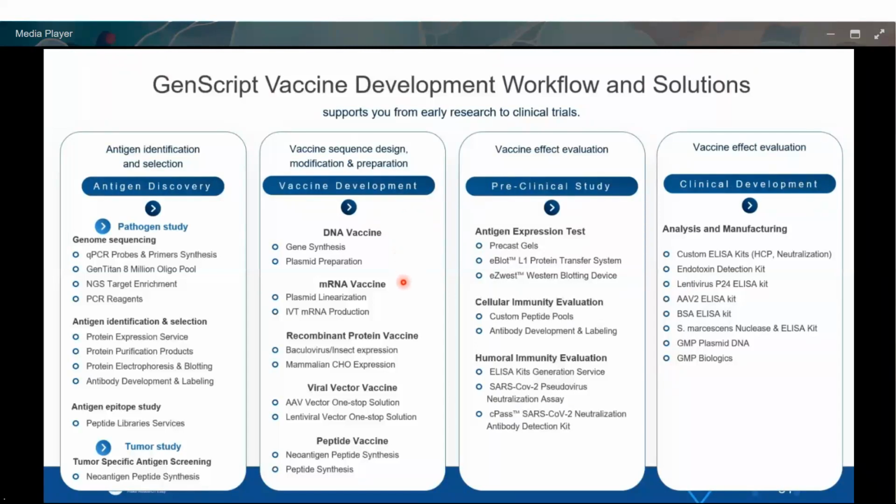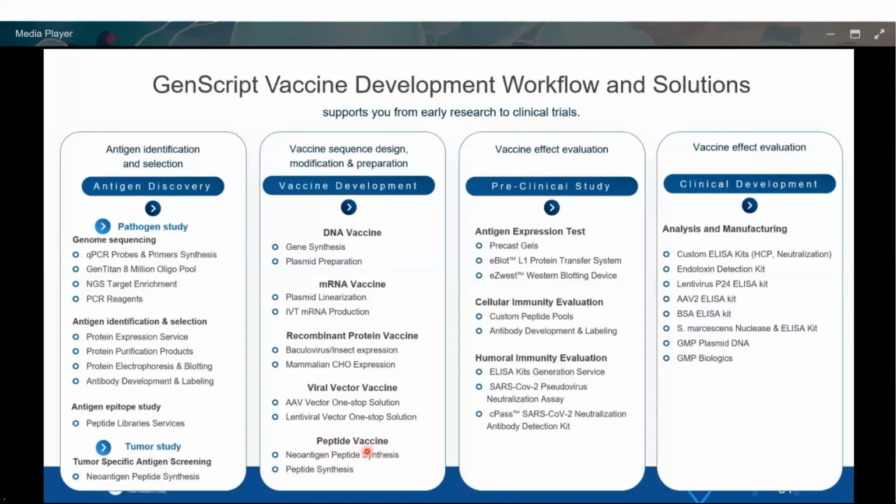You can choose different types of vaccines, and we can support you from gene synthesis to plasmid preparation, then to IVT mRNA production, or you can choose different cell types for protein expression. Or if you want to use viral vectors, we have an AAV vector one-stop solution and a lentiviral vector one-stop solution.